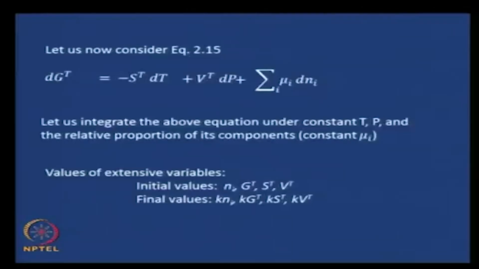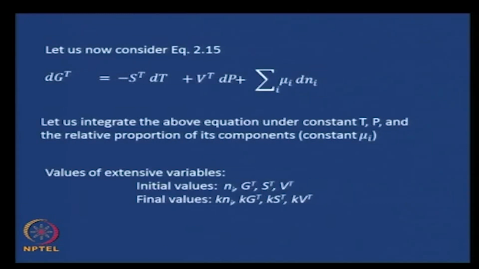Integration can be viewed as increasing the size of the system under the same conditions as the small aspect that we initially looked at. Therefore, if the initial values were n_i, G_t, S_t and V_t of the system, the final values when it has been integrated, or made big, could be k n_i, k G_t, k S_t and k V_t.